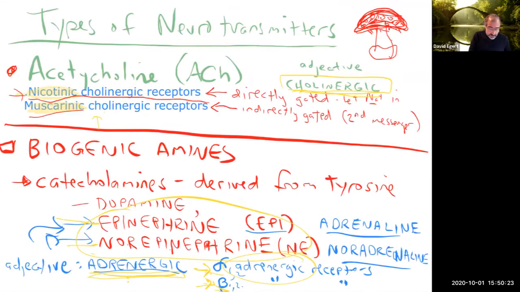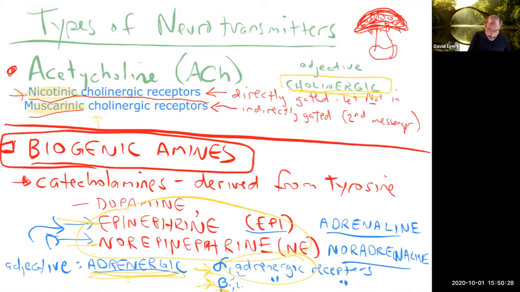So we're talking about the biogenic amines. Definitely, we are going to be seeing a lot of epinephrine and norepinephrine. Again, norepinephrine is typically the one that's used as a neurotransmitter that's being released into synapses. Epinephrine, on the other hand, acts more as a hormone. It's going to be released by the adrenal gland, enter into the bloodstream, and just bind receptors wherever they are.